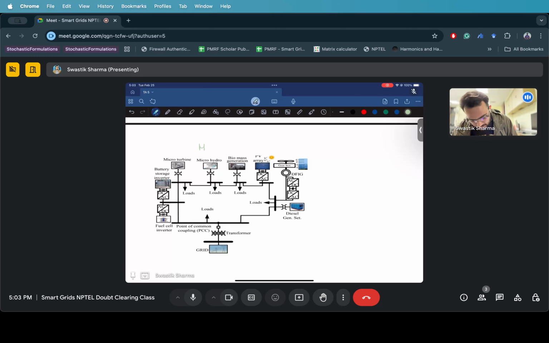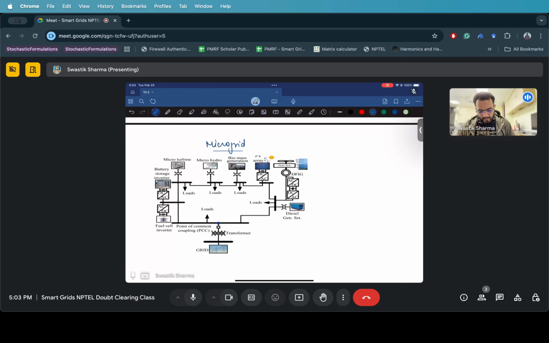So this here is a diagram of a simple microgrid. As you can see, this microgrid is connected to the main grid through a point of common coupling, the PCC, which is this point. This is the point at which the whole microgrid is connected to the grid, and it exchanges power through this point with the main grid.